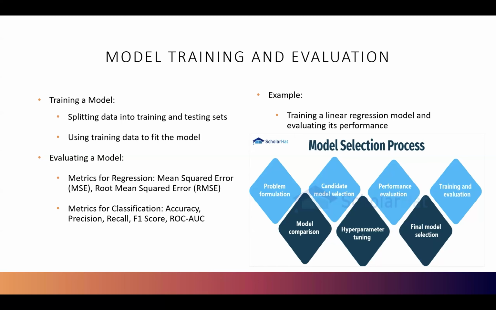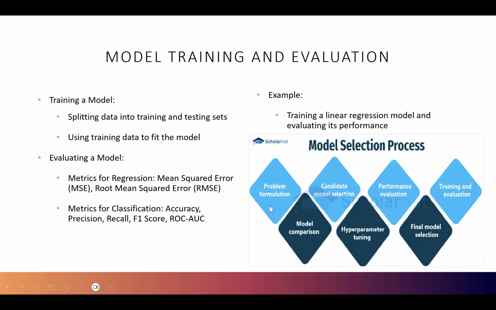For classification, there is accuracy, precision, recall, F1 score, and ROC-AUC. These are the most common ways. Again, for classification, these relate to how well the model is defining the class. For example, in the previous slide, the dog, the frog, and the cat.